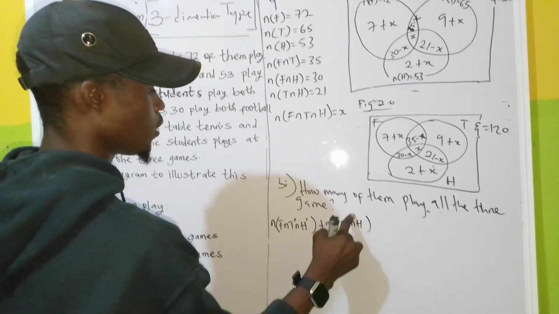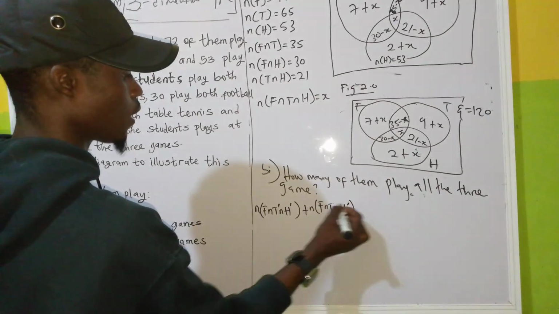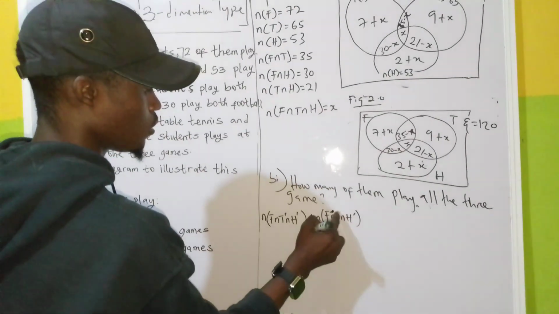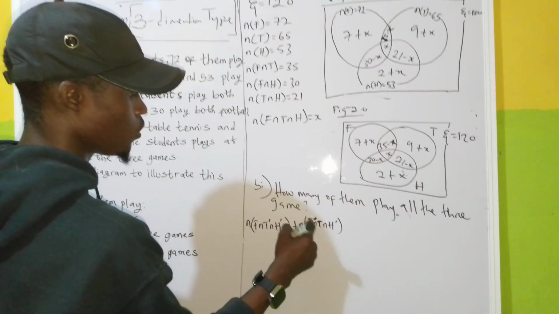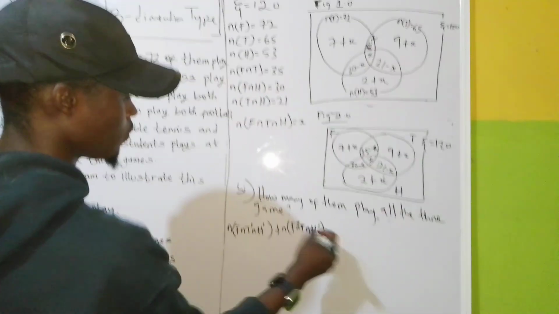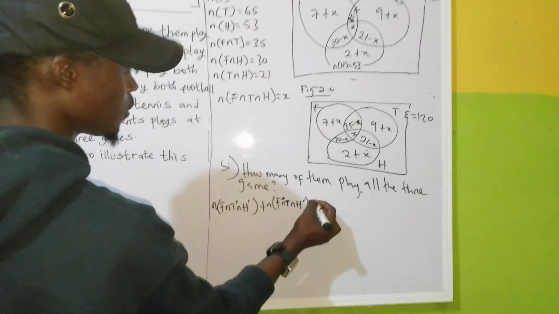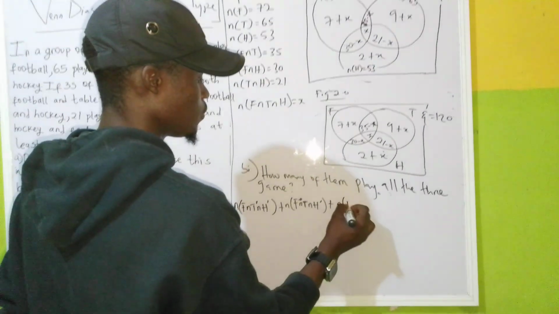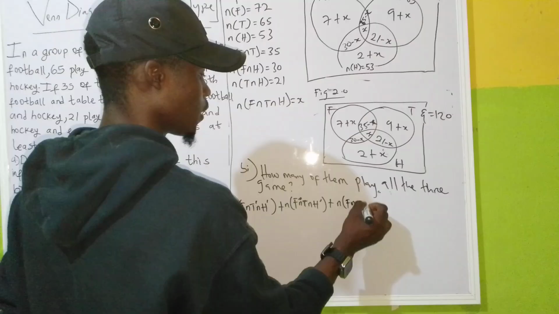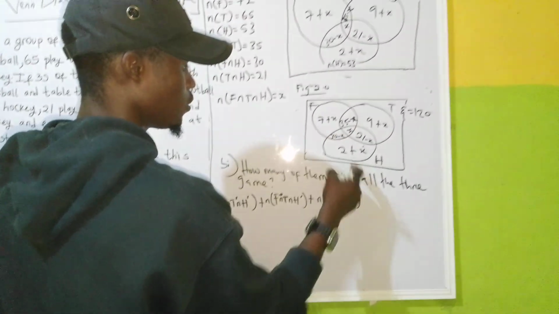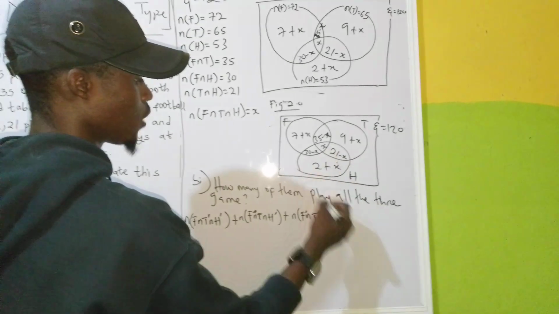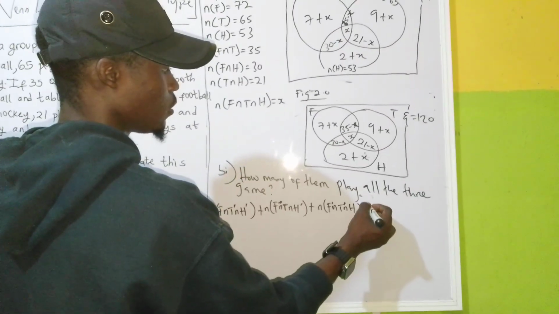Since we are talking about exactly tennis here, this circle is for tennis. Football and hockey will carry prime, but we are talking about exactly tennis. Exactly hockey: football intersection T intersection H. So this one will carry prime since it is exactly hockey. Understand? H is the expression for exactly hockey.